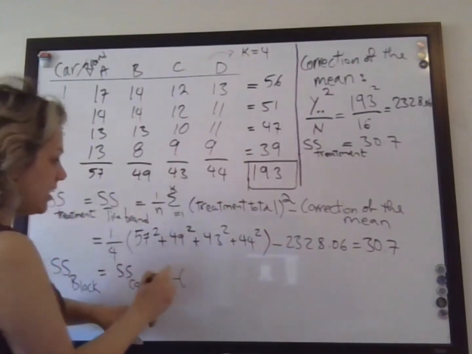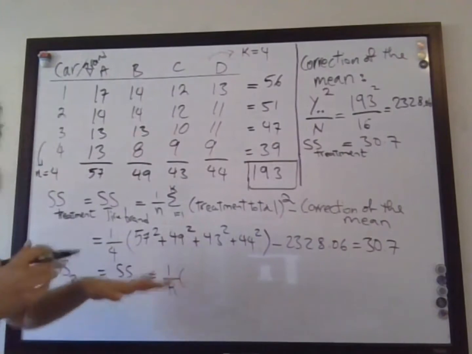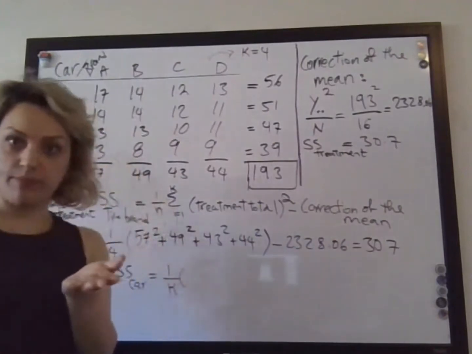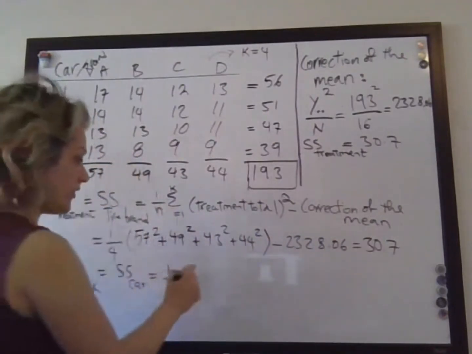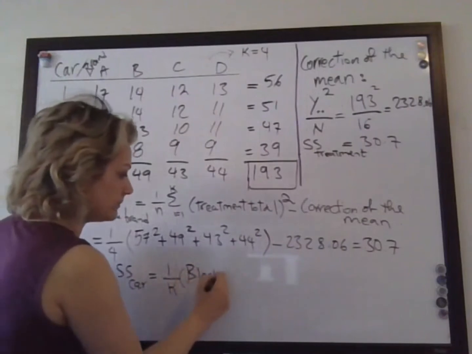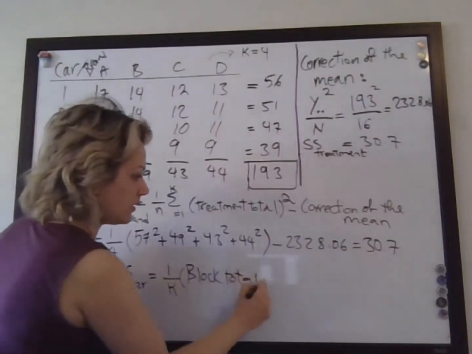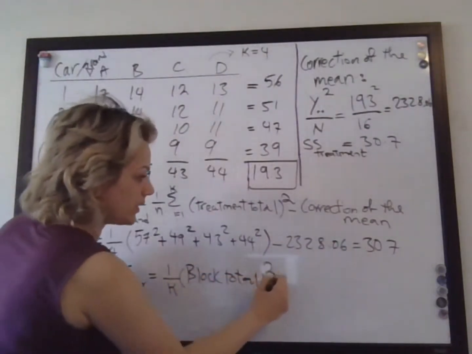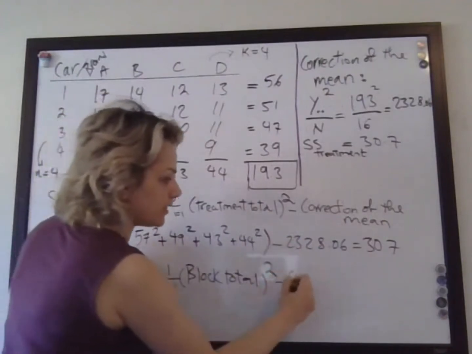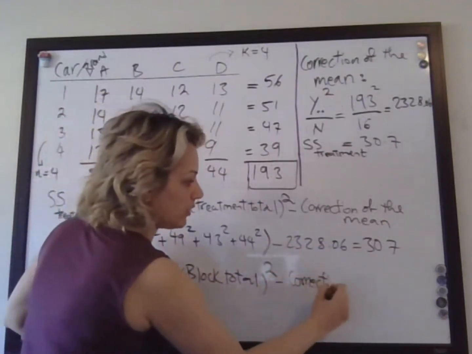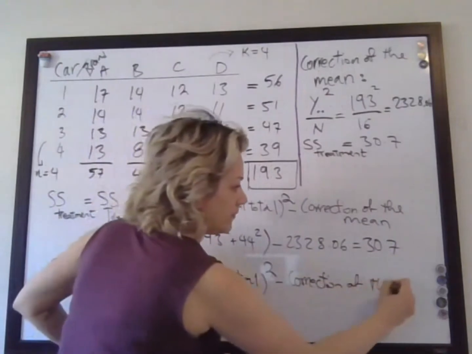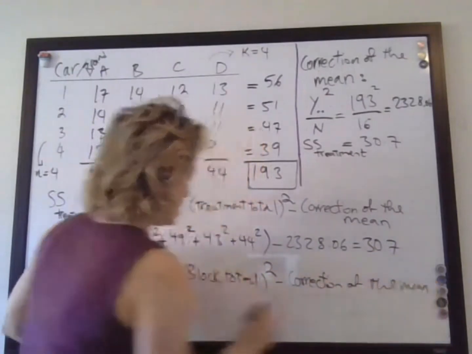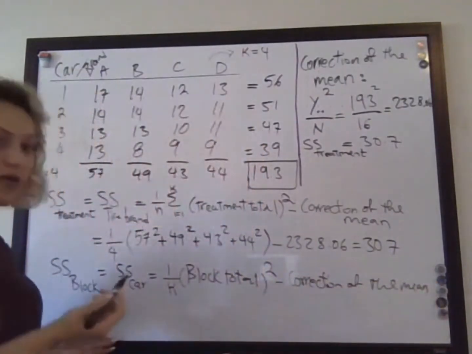And then you would have the block total, for each block what's the total of it, squared, minus the correction of the mean for the whole.